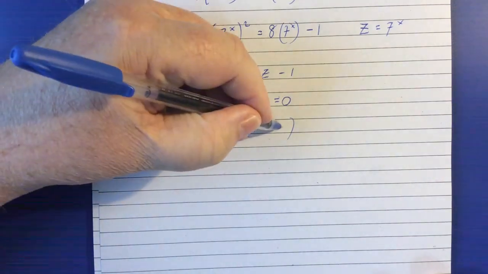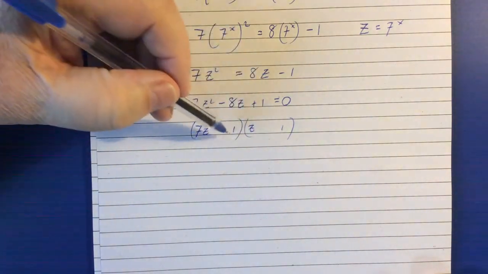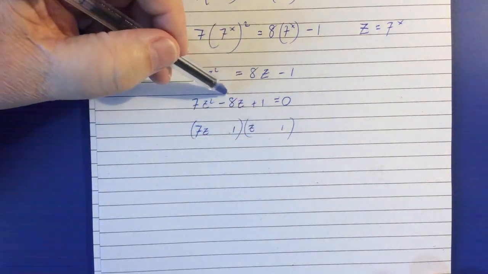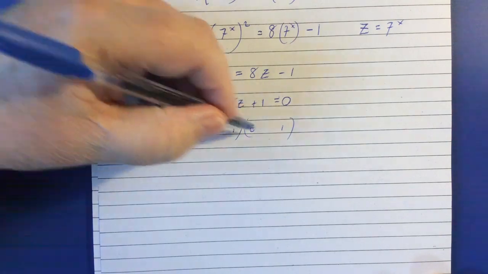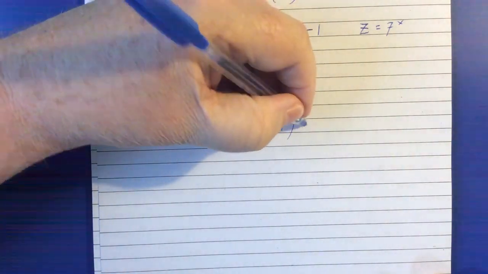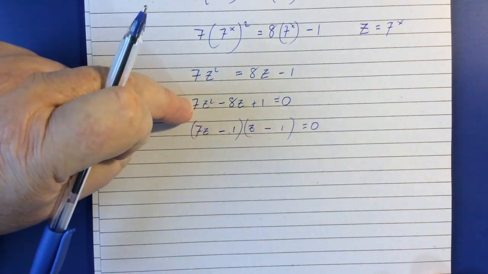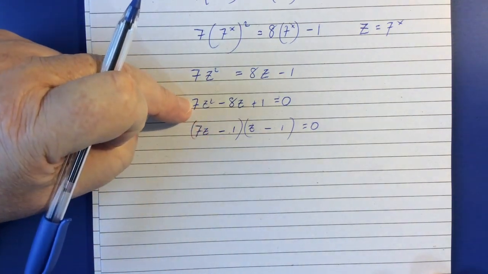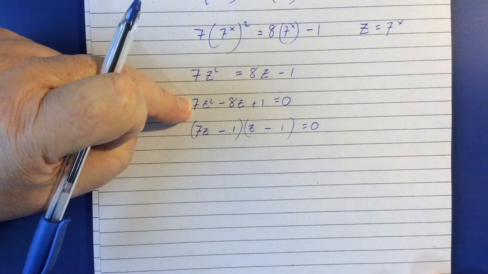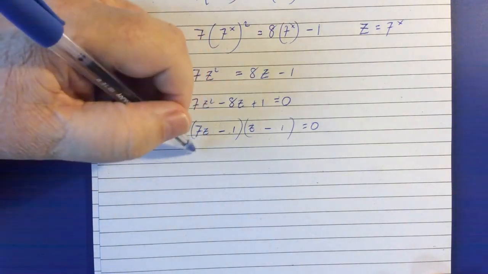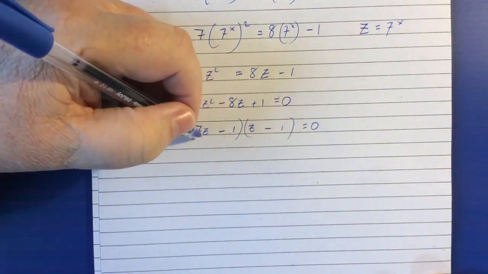So we are going to have 1 and 1 in each of these brackets. And this is negative, so this is the set of factors for this quadratic. Okay, so what are the solutions for this?